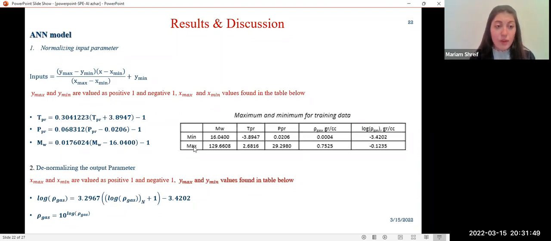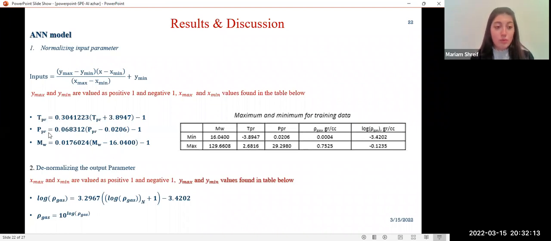So for example, for the pseudo-reduced temperature, we do (1 minus -1) times (x, which is the pseudo-reduced temperature, minus the minimum value, which is -3.89) over (2.68 minus -3.89), plus y min, which is -1. So we get the following equation.